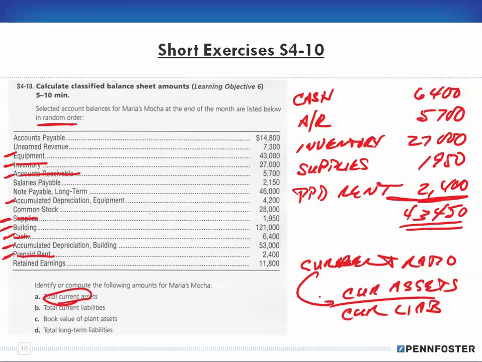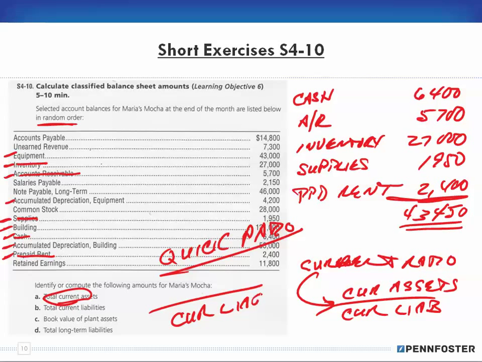Okay, that's your current ratio, but we also have this concept of a quick ratio, right? And you have to pay attention to that because quick ratio is not current assets. Even though it is over current liabilities, it's your quick assets, meaning what can be converted really, really quick into cash.